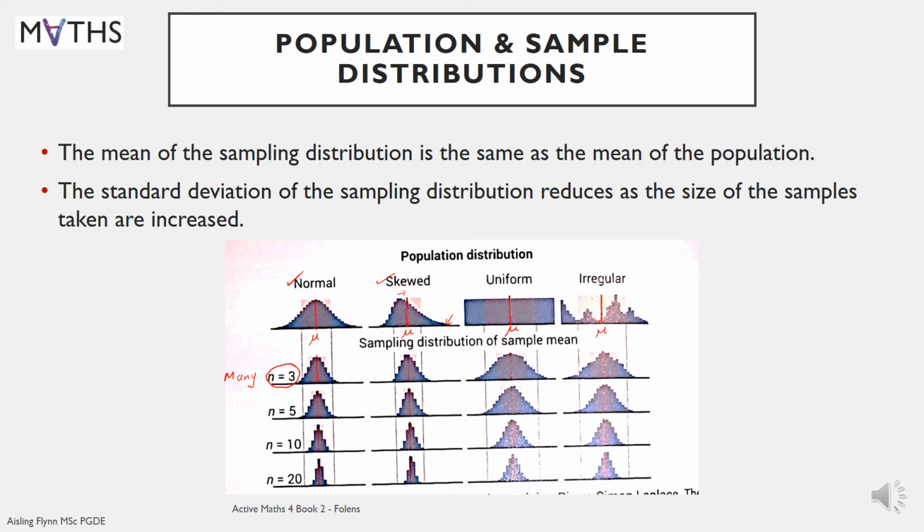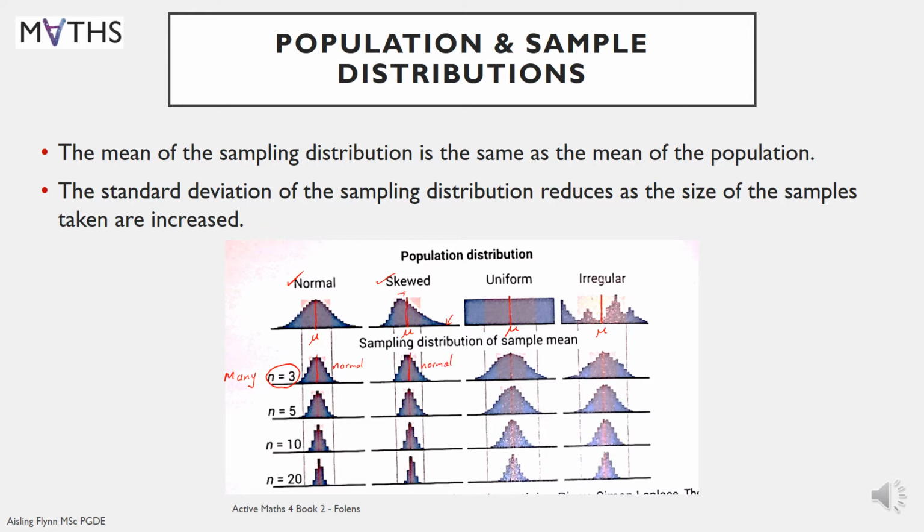Notice also the shape of this. It produces a normal distribution. So this is normal as well, to the right and to the left. Also, let's go to what was our skewed population. What you'll notice with all the sample means is that your sample distribution is not skewed.